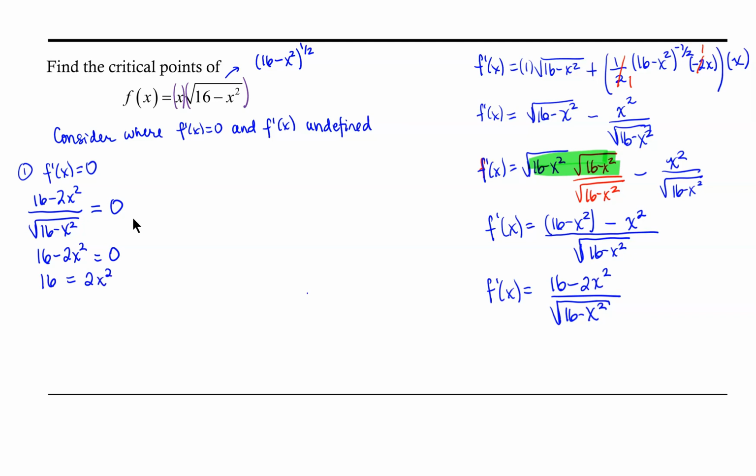Dividing both sides of the equation by 2 gives us 8 equals x squared. And then taking the square root of both sides of the equation, we get x equals plus or minus the square root of 8. And 8 is 4 times 2, so that's plus or minus 2 times the square root of 2. So we have two critical points from our derivative equaling 0. And now the second thing we have to consider is where is our derivative undefined.